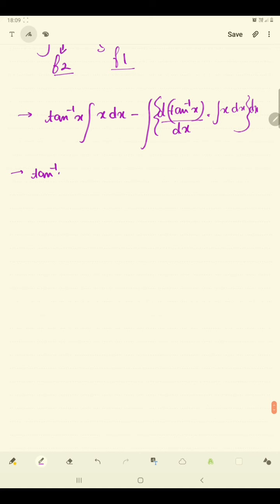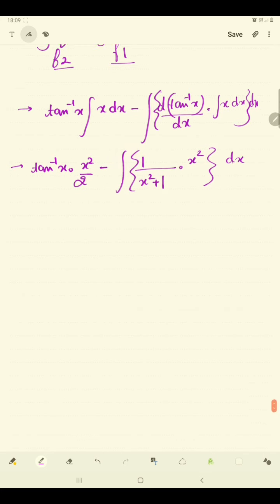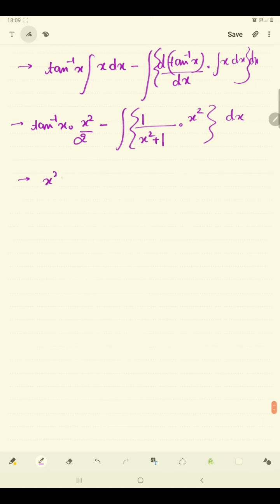Tan inverse x multiplied by x square by 2 minus integration of 1 upon x square plus 1 dot x square dx. So x square by 2 tan inverse x minus x square upon x square plus 1 dx.